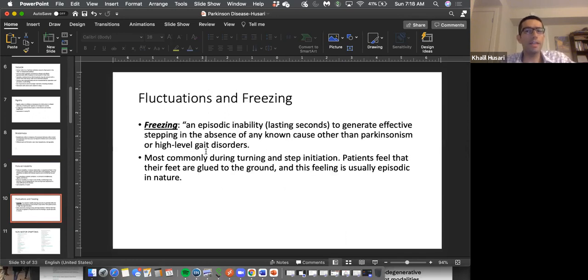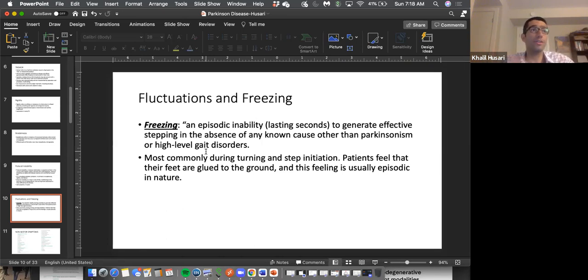Freezing is an episodic inability to generate effective stepping in the absence of any known causes. Have you seen freezing in the clinic? The patient will literally freeze. They can't move at all. It's mainly on turning. So when they want, for example, to turn and go through the door, they can't do anything and they are stuck for several minutes.